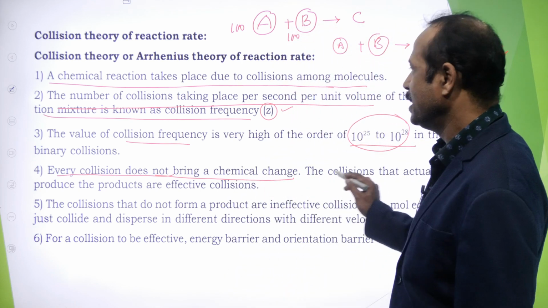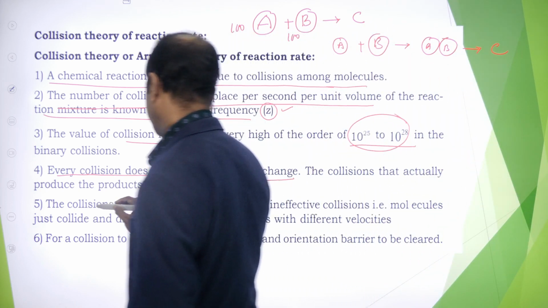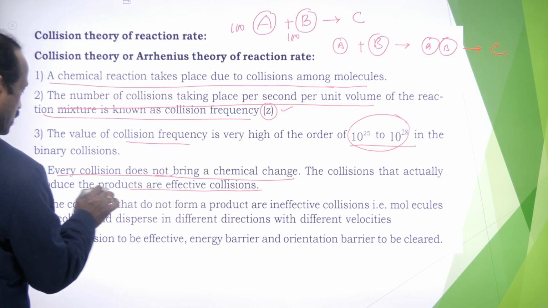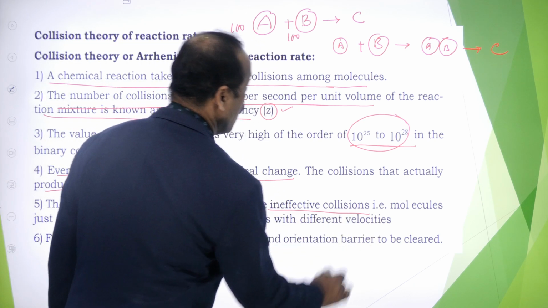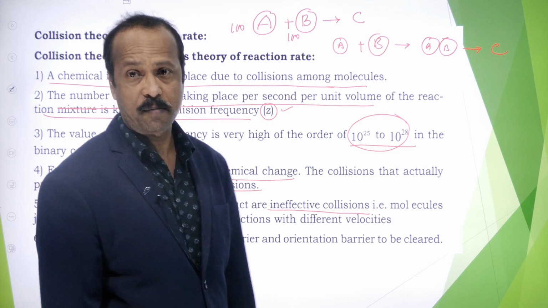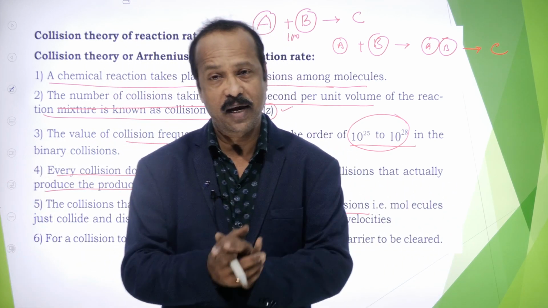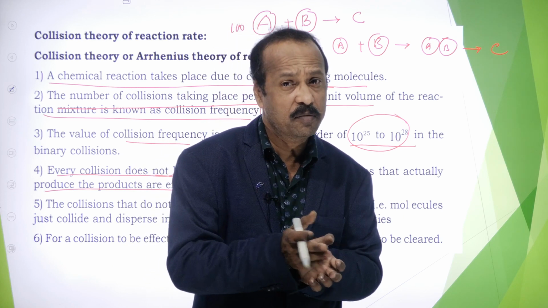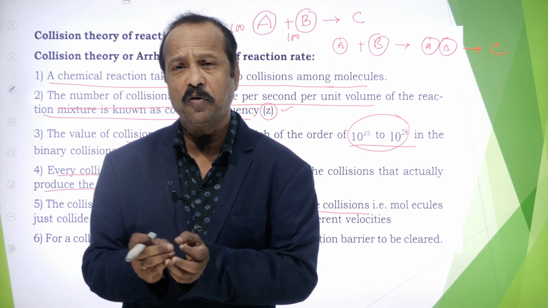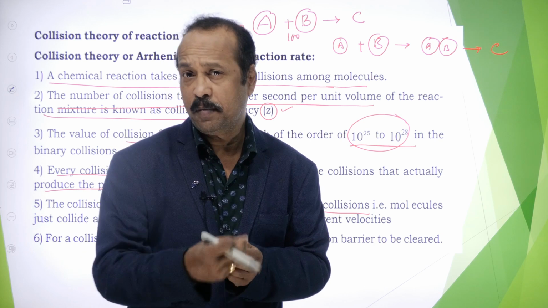The collisions that actually produce the products are effective collisions. The collisions that do not form the product are called ineffective collisions. So here, students, 100 A molecules are reacting or colliding with the 100 B molecules. But in that, how many C molecules are forming? C is a product. Maybe 5, maybe 10, maybe 20.